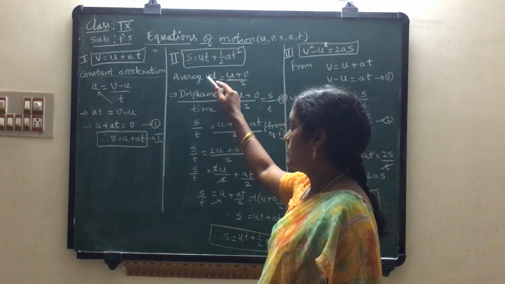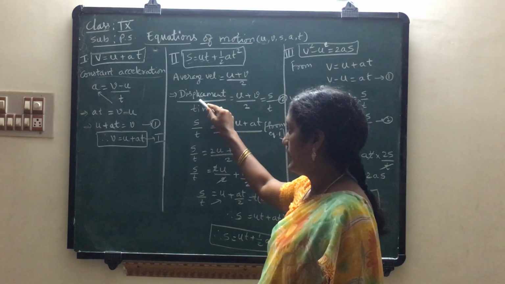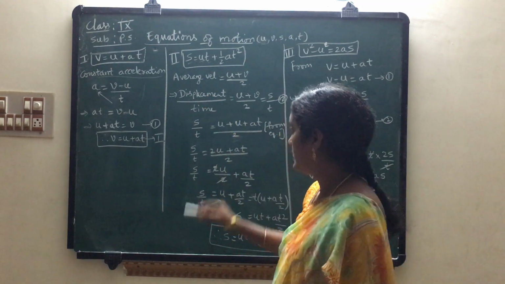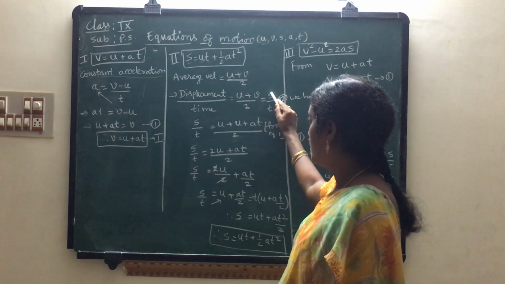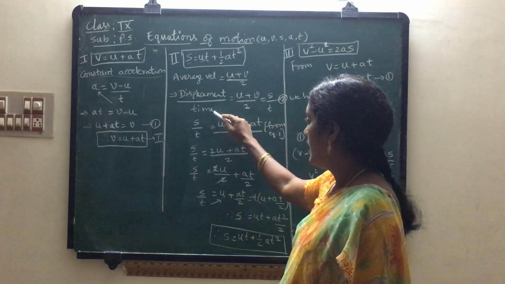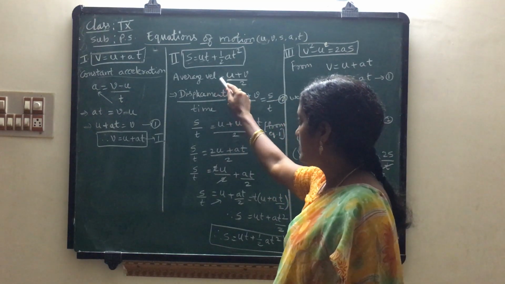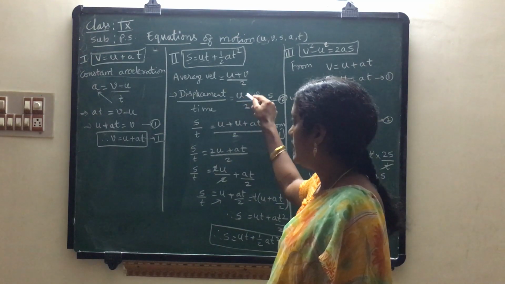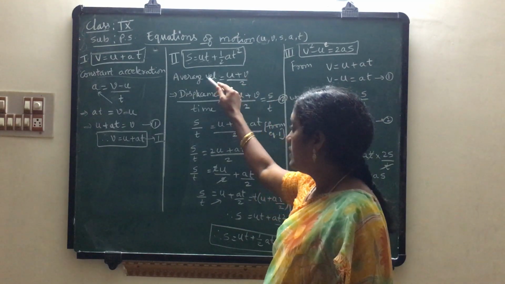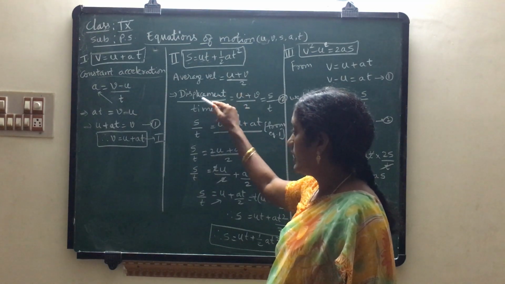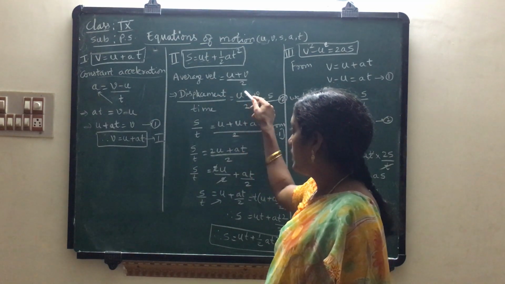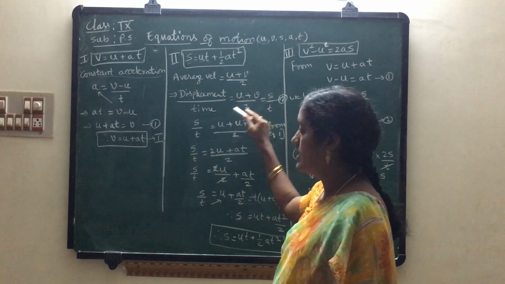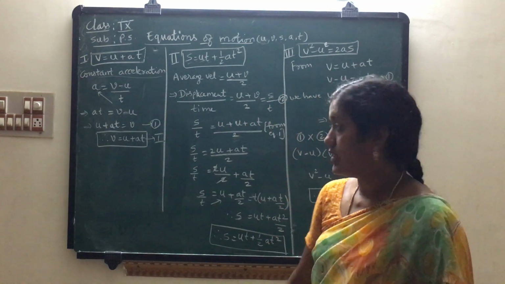Therefore, in place of average velocity, I am writing the definition of velocity, displacement by time, S by t. And average velocity is equal to (u plus v) by 2. So in this equation, in place of average velocity I kept the definition, and S by t is equal to (u plus v) by 2.